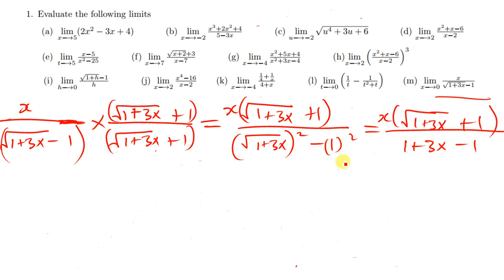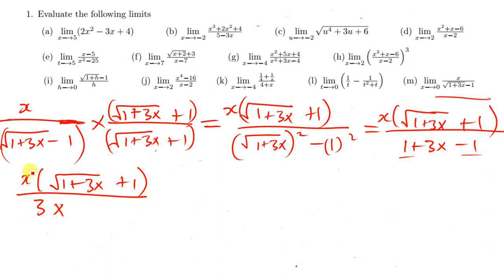So you discover that if you simplify this expression, this 1 and this negative 1 will give you a 0. So on the denominator there will just remain 3x. The numerator will still be the same, then everything divided by 3x. So that and that will go. So you just remain with the root of 1 plus 3x, then plus 1, then everything over 3.